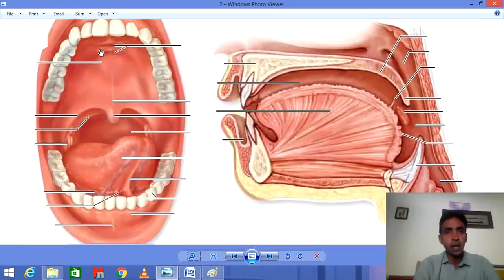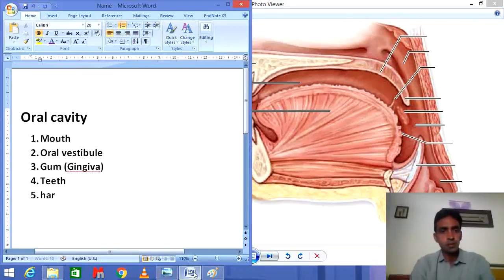This is called hard palate. You can touch your hard palate with the help of your tongue. This is called hard palate, that represents the roof of the oral cavity.